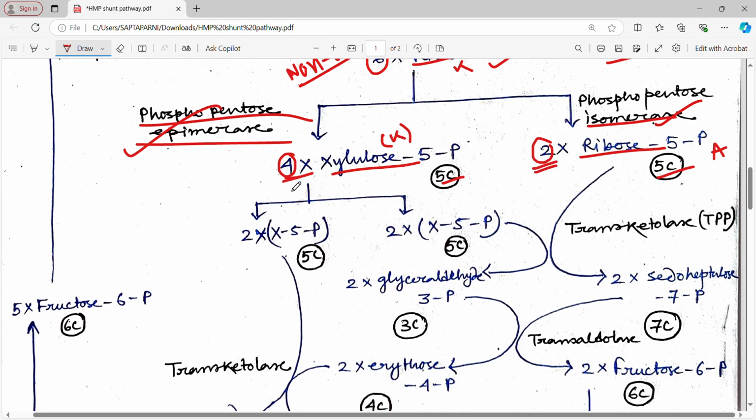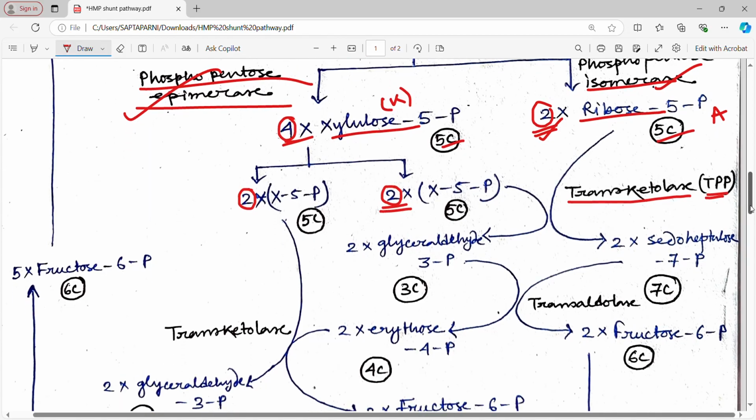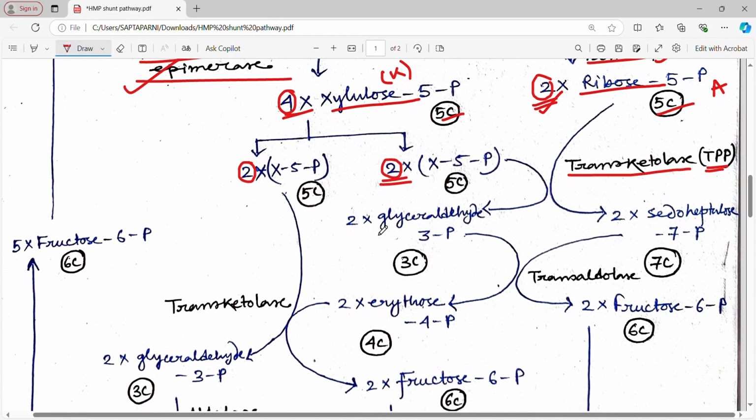Now these 4 molecules of xylulose 5-phosphate get divided into 2 molecules of xylulose 5-phosphate and another 2 molecules of xylulose 5-phosphate. Now these 2 molecules of xylulose 5-phosphate react with these 2 molecules of ribose 5-phosphate with the help of transketolase enzyme, where TPP or thiamine pyrophosphate acts as a coenzyme, and they form 2 molecules of glyceraldehyde 3-phosphate and 2 molecules of sedoheptulose 7-phosphate.